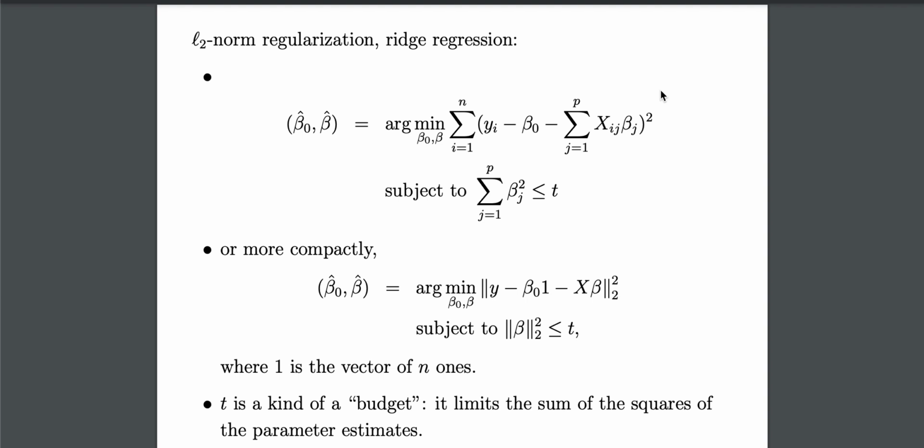Ridge regression. In linear regression, we are trying to find an intercept and a set of coefficients that minimize the residual sum of squares. The residual sum of squares is this: y_i minus beta 0, which is the intercept, minus the predictors for the ith observation.